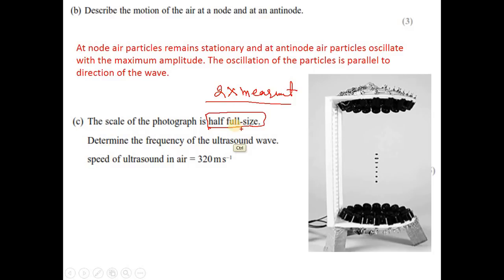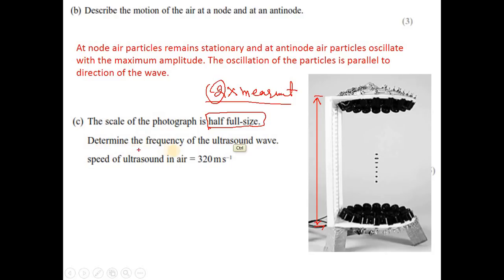So if they ask you to measure the actual length of the stand, you will use your ruler and do the measurement from your meter rule or your normal ruler. Whatever measurement you get from your picture, you will have to multiply by 2 to get the actual measurement of the stand. That's the meaning of half full size.